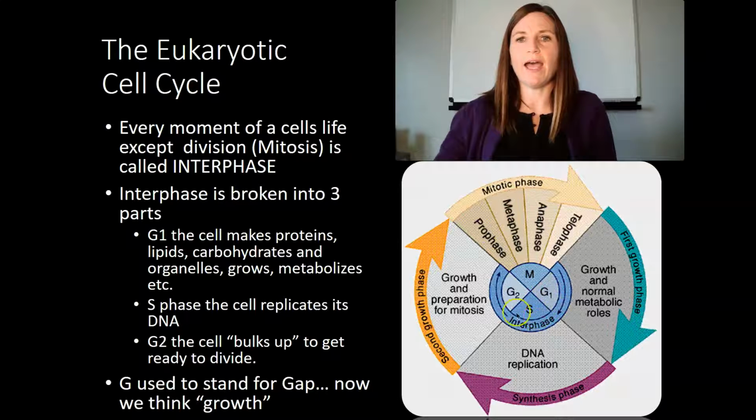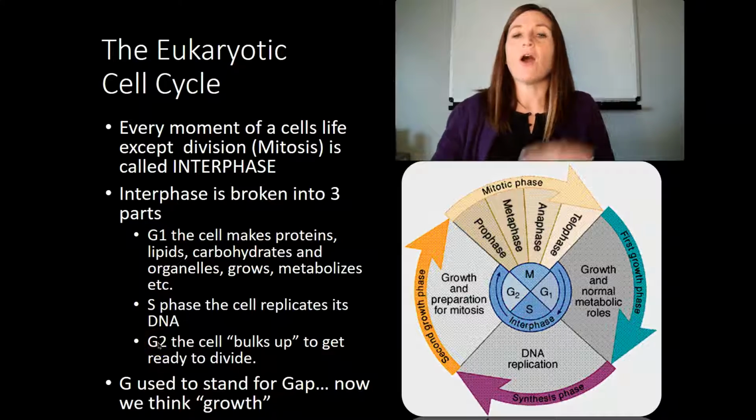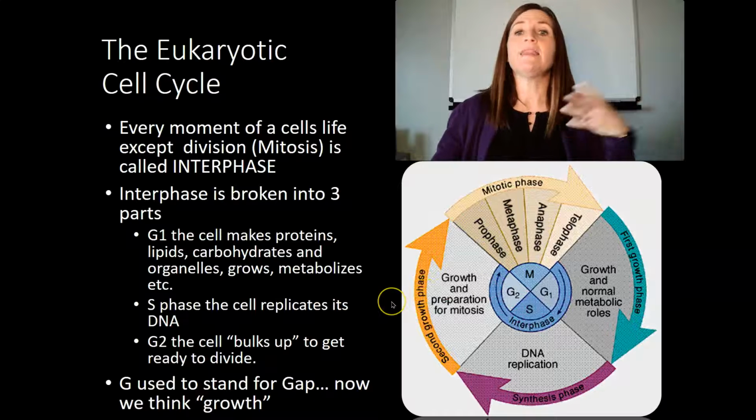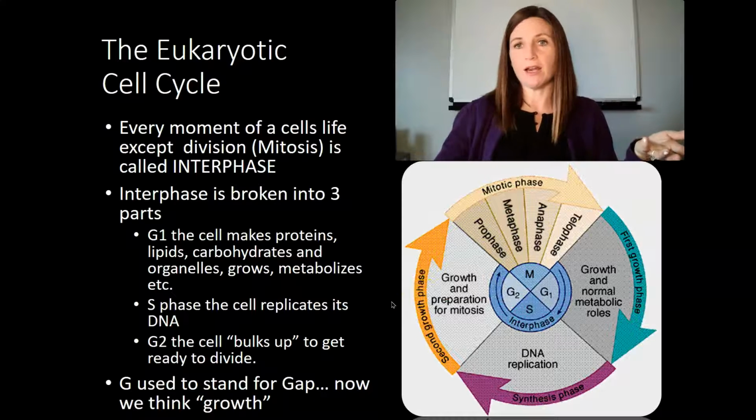So we have G1, S, G2, and M. Those stand for growth 1, S, which is the synthesis phase, G2, which is growth 2, and then mitosis, M. And all of the phases besides mitosis M are collectively termed interphase. So G1, S and G2 are all collectively termed the interphase between mitotic divisions.